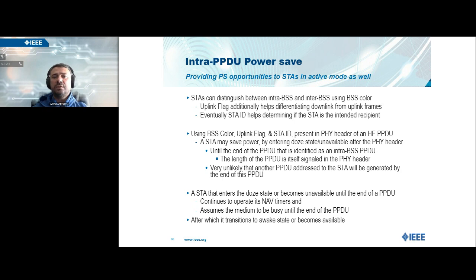So the station can essentially go to those states until the end of the PPDU. Now the duration of the PPDU itself is indicated in the PHY header, in the L-SIG portion of the PHY header.